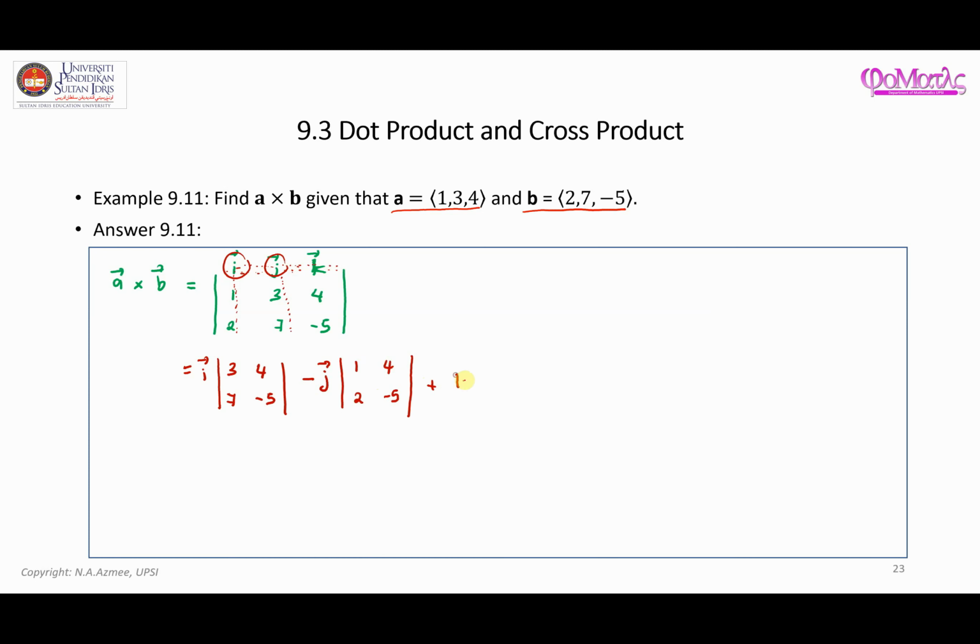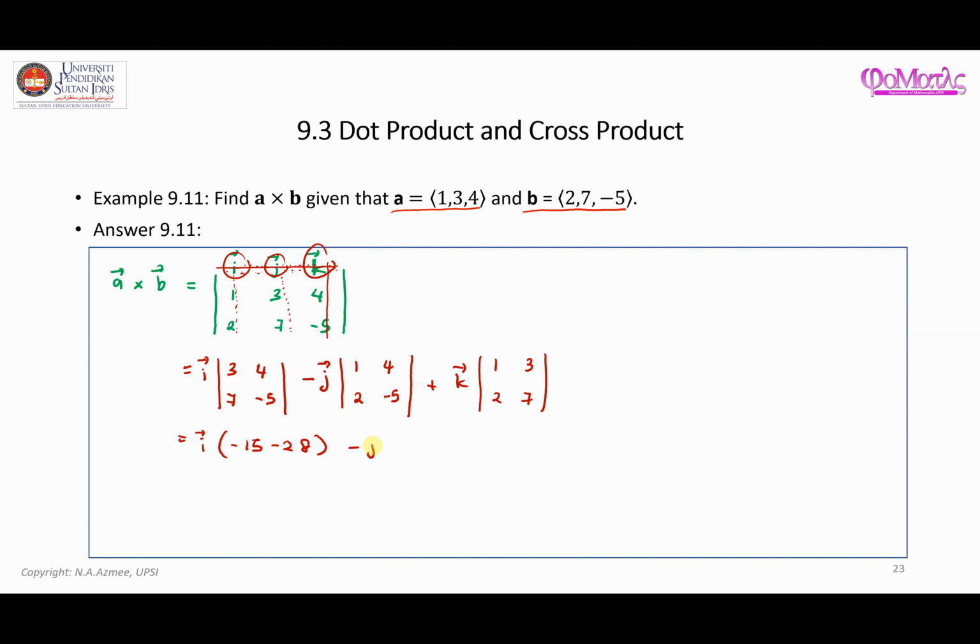And finally, you will consider vector K. So you can cross out this line and this line, and you will be left with 1, 3, 2 and 7. So next, we can cross multiply. So this will be negative 15 minus 28.